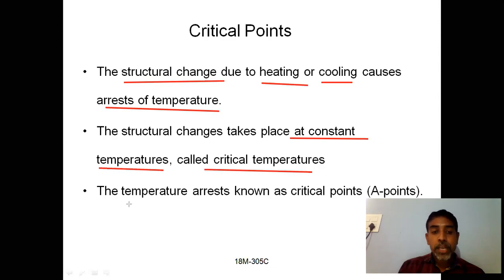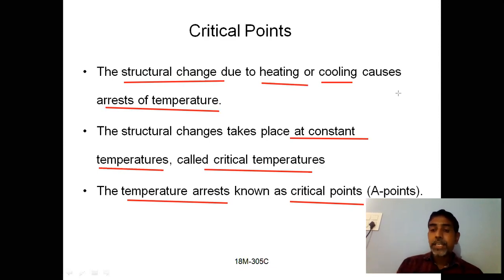I am repeating once again, a very important concept. When we heat or cool, a structural change occurs.